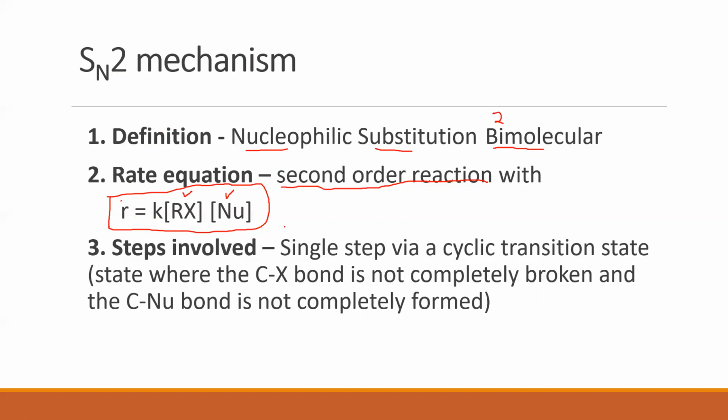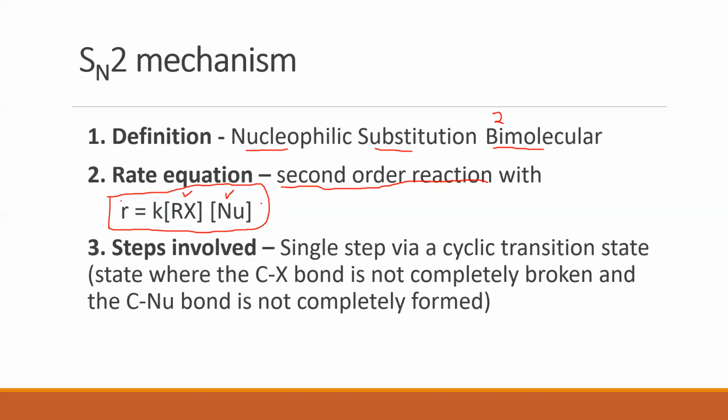So let me repeat. This equation means that the rate of this reaction, how fast or how slow the reaction will proceed, depends upon both the concentration of alkyl halide as well as the nucleophile. Now in this rate equation, how many molecules are involved? 1 mole of RX, 1 mole of Nu, nucleophile.